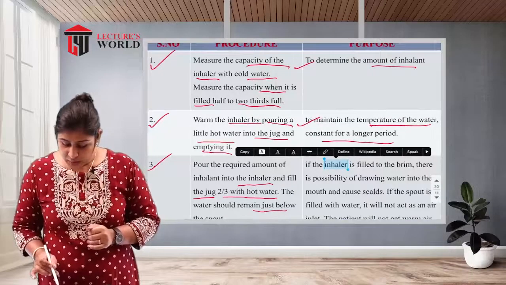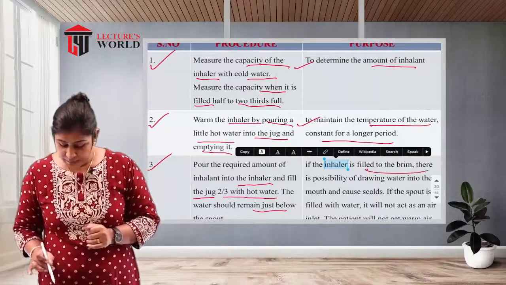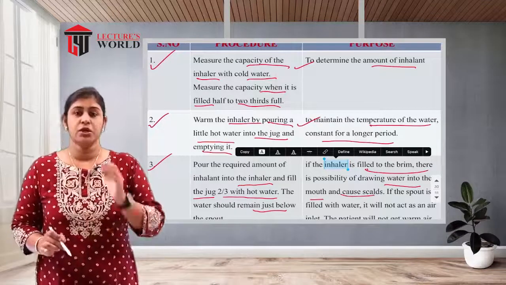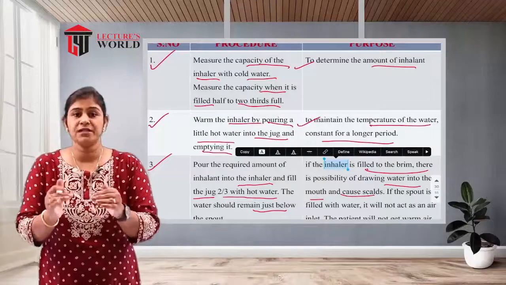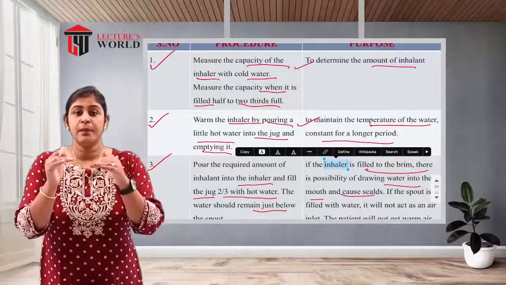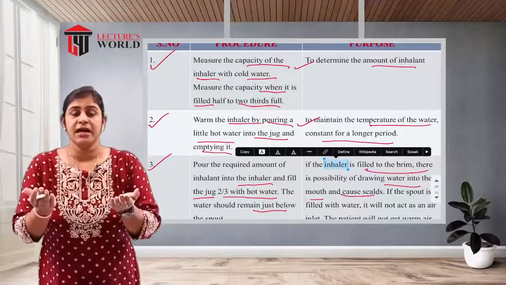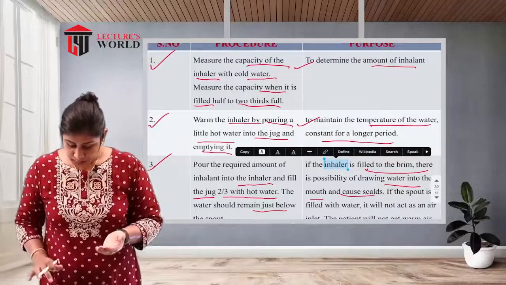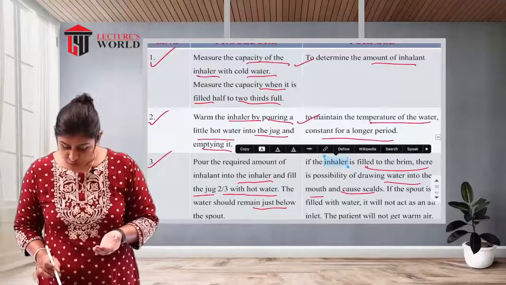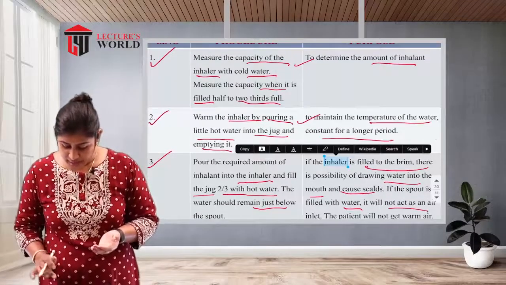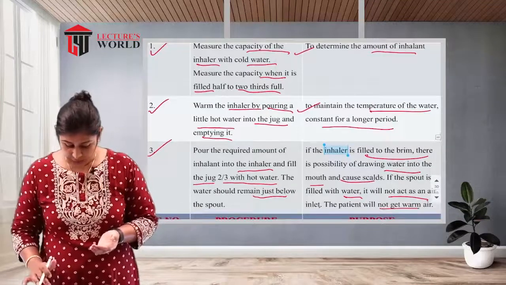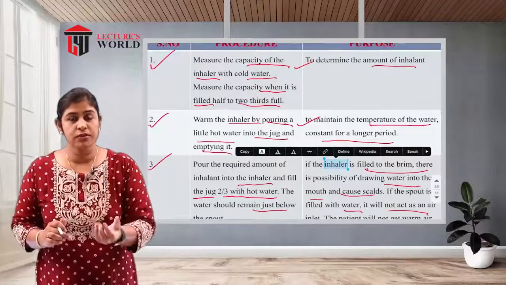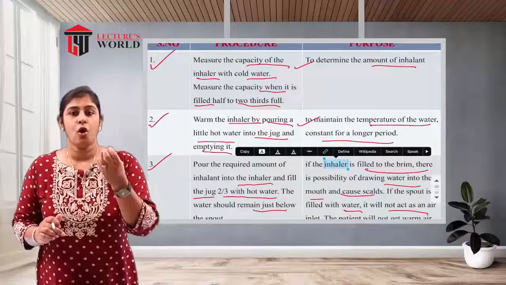If the inhaler is filled to the brim, there is a possibility of drawing water into the mouth and causing a scald. The patient can get burned. If the spout is filled with water, it will not act as an air inlet and the patient will not get warm air. The water should be hot so that the patient can inhale the hot vapor.